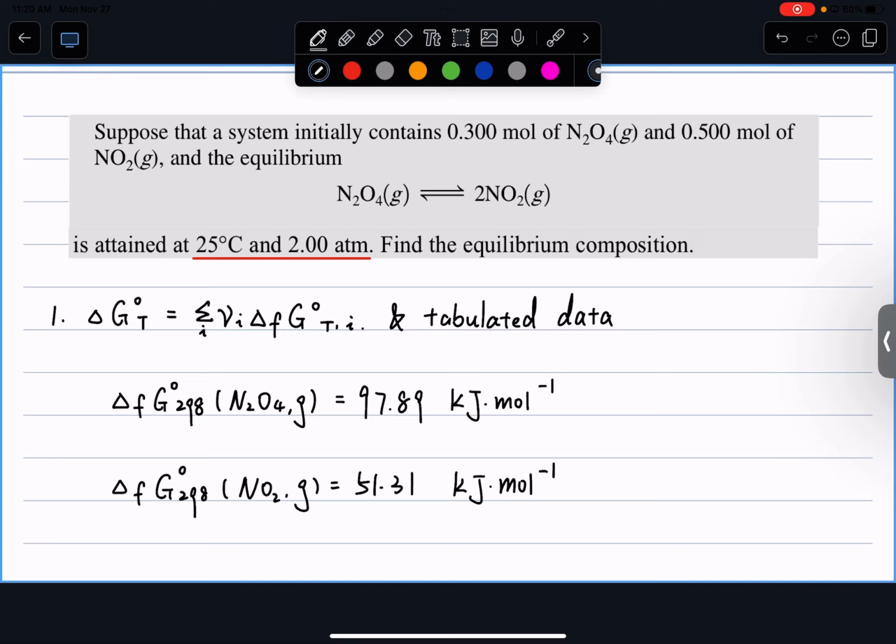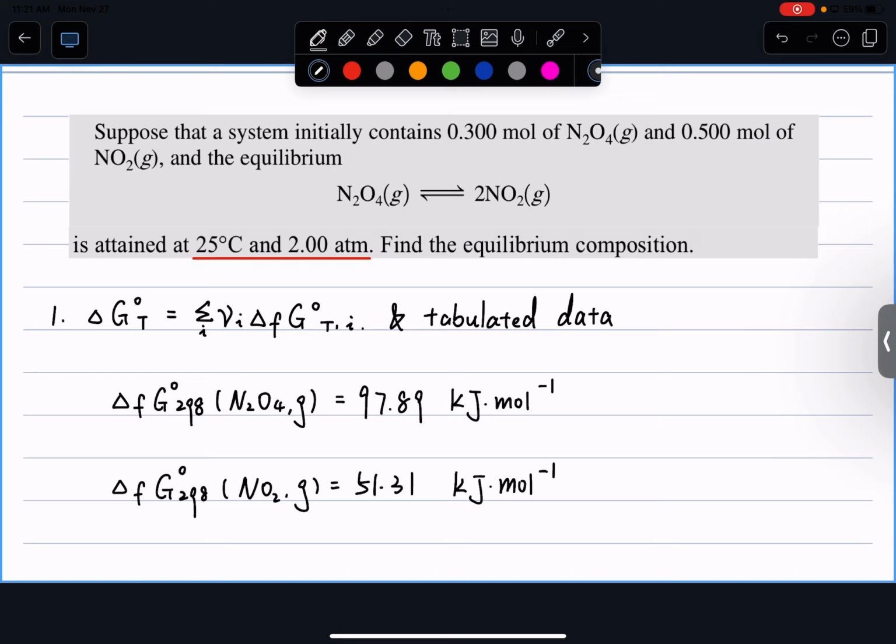For every molecule of N2O4 decomposed, we have negative ξ, and for every molecule of N2O4 decomposed, we're generating 2 molecules of NO2. So that's plus 2ξ. Taking that together, N equilibrium equals N naught plus delta N, and here delta N equals the stoichiometric number times ξ.